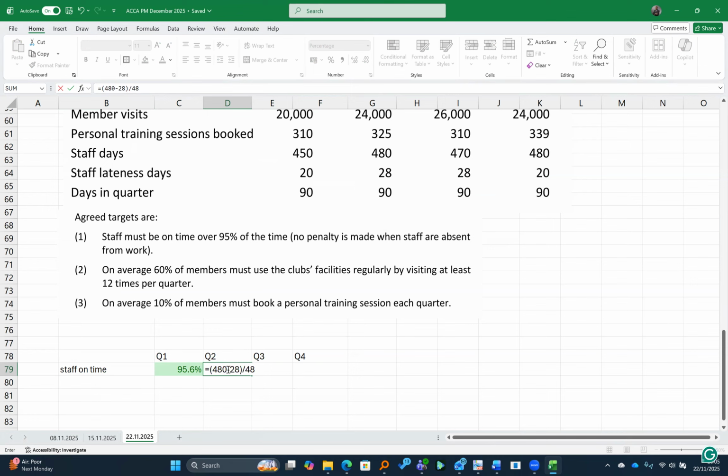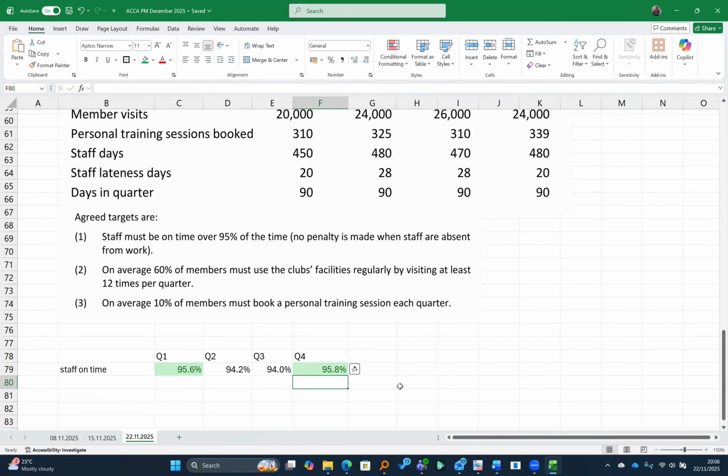Yes. Then that one does not pass. Then here 470 minus 28 divided by 470. This one doesn't pass either. And then the fourth quarter, that is 480 minus 20 divided by 480. 95.8.